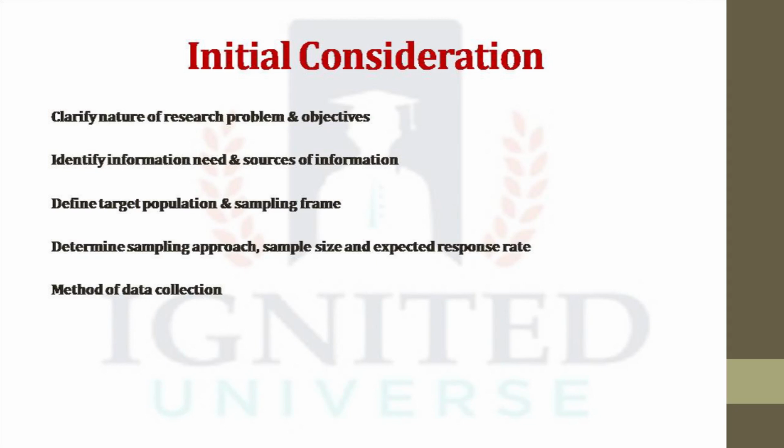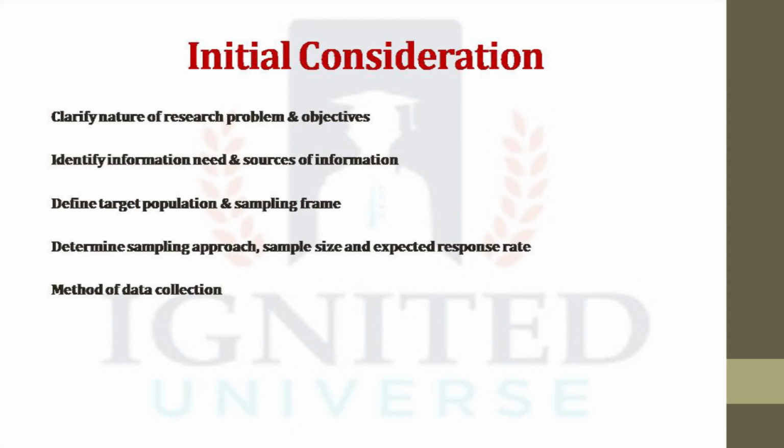The very first step is initial consideration. The focus of this step is basically that by this stage we should have the clarification of research problem and objectives. We should be able to identify information needed and sources of information. We should be able to define the target population and sampling frame.